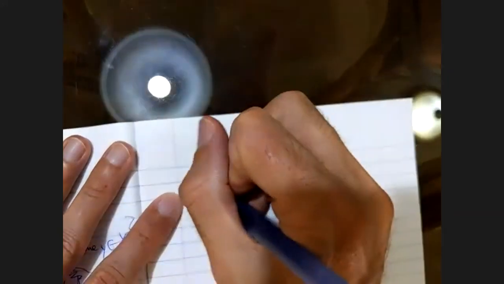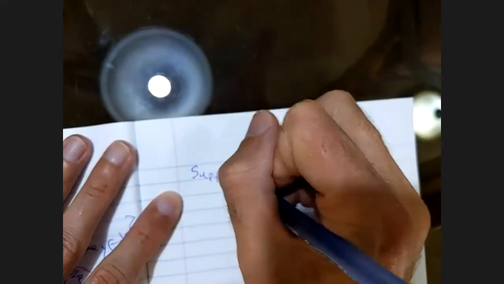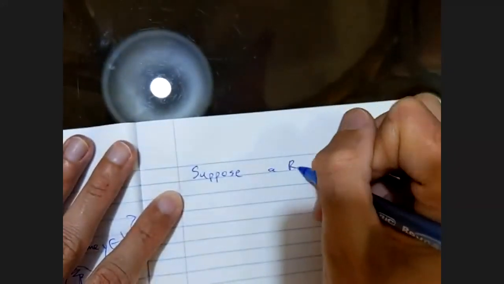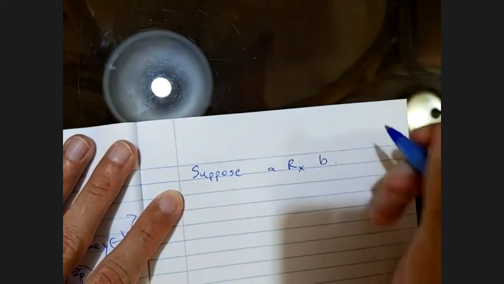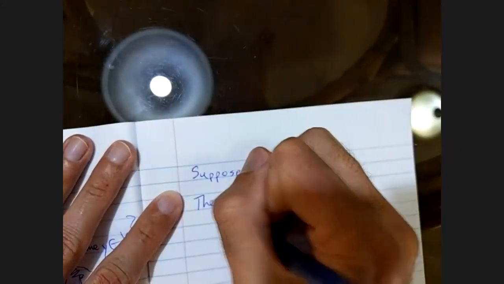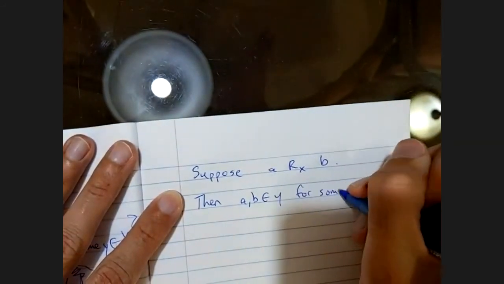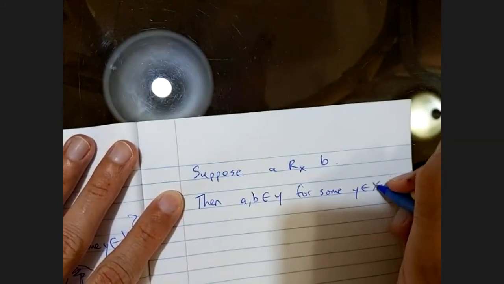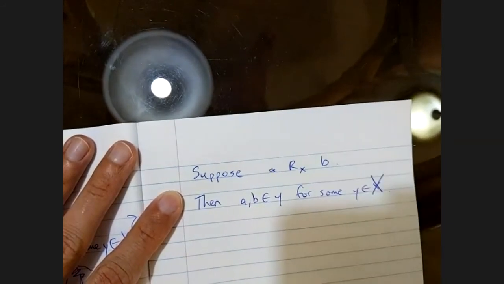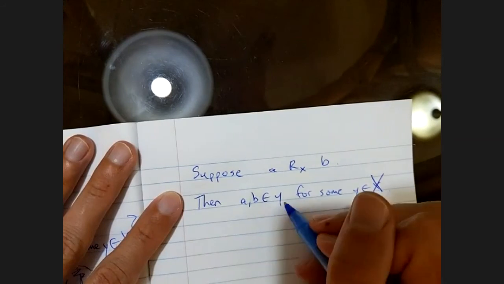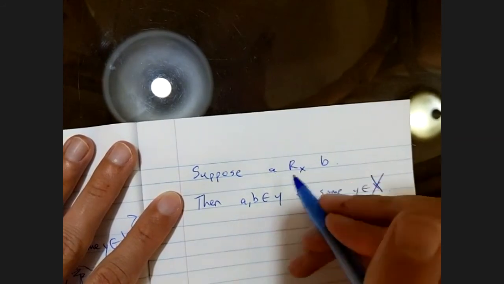Now, suppose a is related to b, and a and b are in some Y. But a and b being in the same element of X, it doesn't matter.